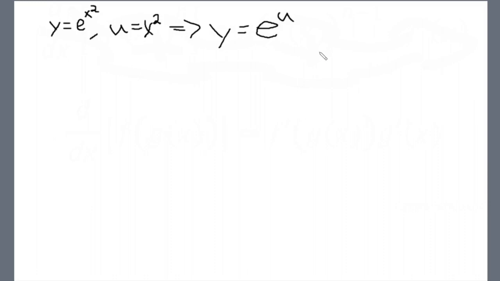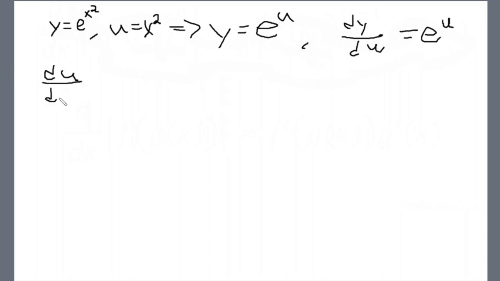Now we can find the derivative of y with respect to u, which is just going to be e to the u. However, since we want to find dy/dx, we need to find the derivative of u with respect to x, du/dx.